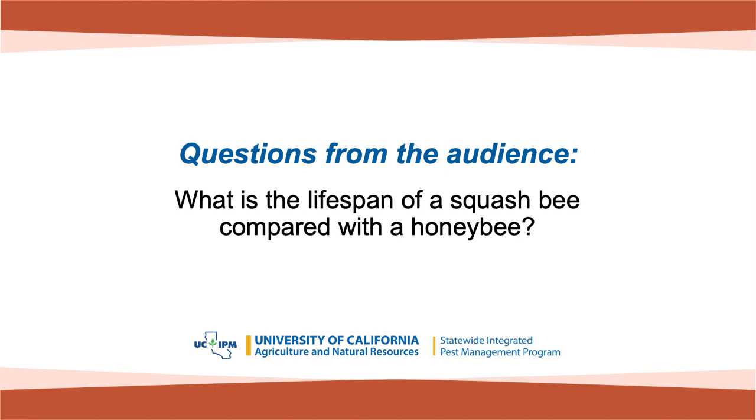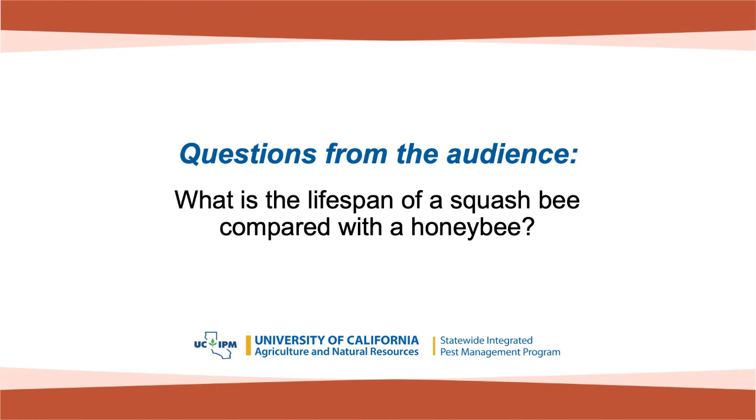Wonderful. We have a lot of questions. One person asked, what is the lifespan of a squash bee compared with a honeybee? We also don't know. I'm sorry, I wish I could answer this question. I've asked this question myself many times. Our problem is that it's very difficult to monitor individual bees over time.